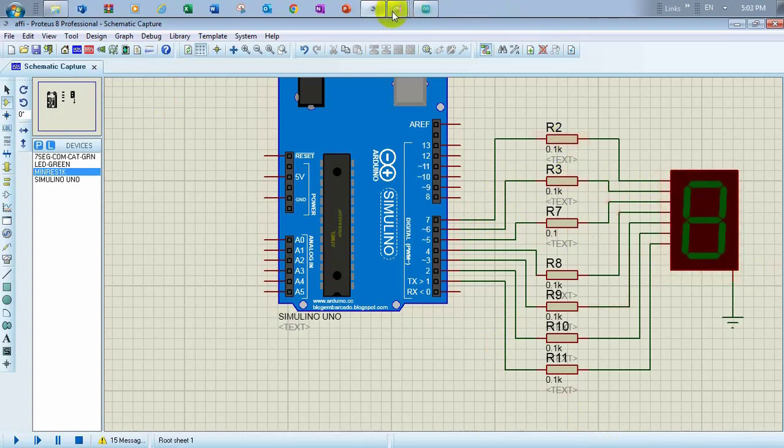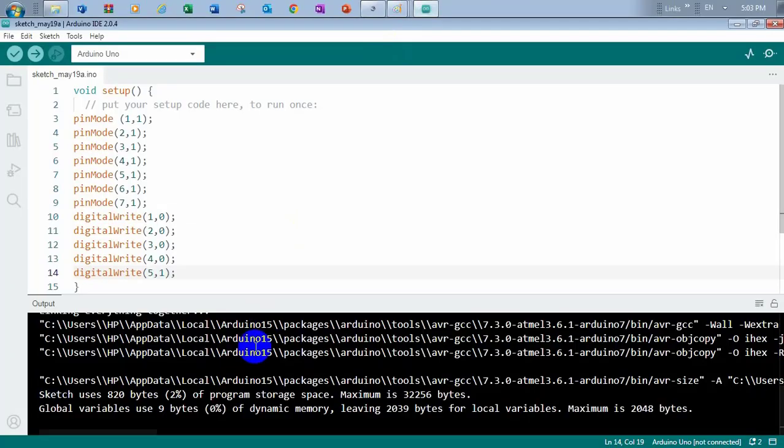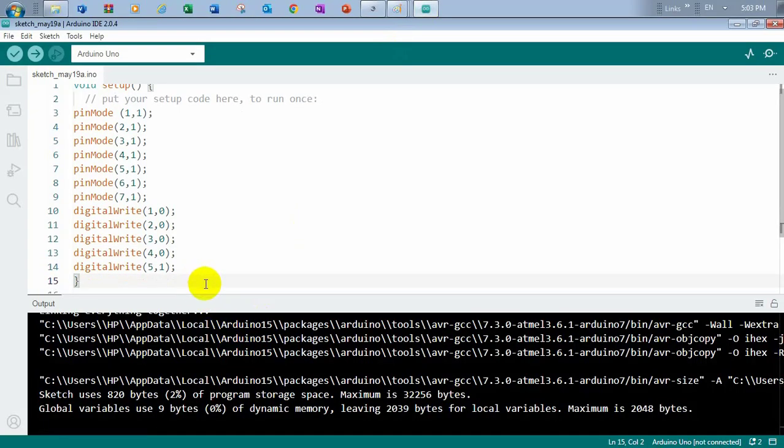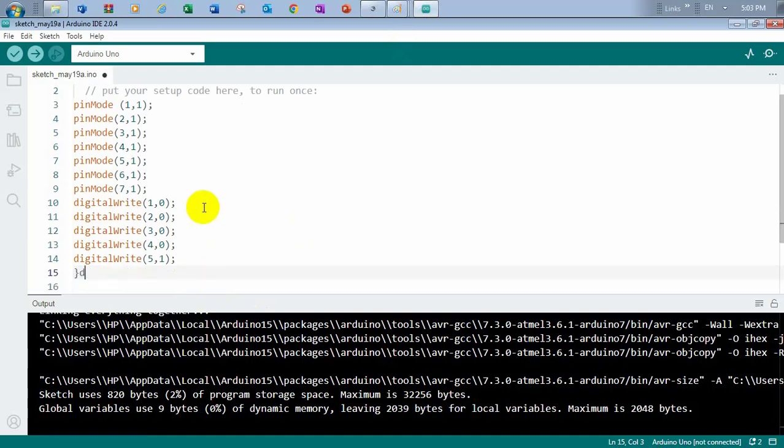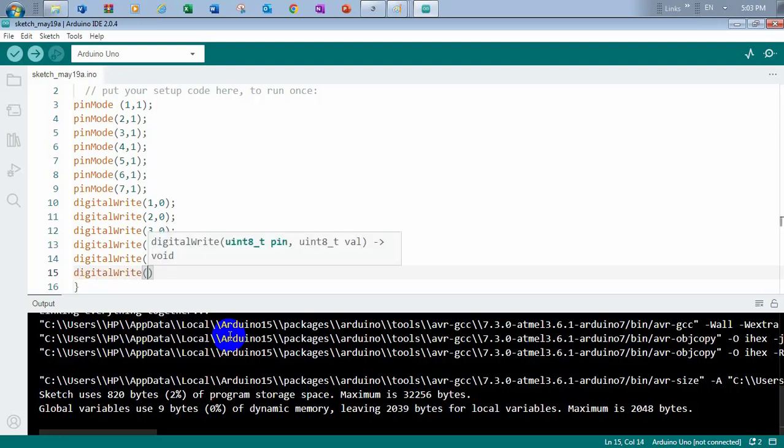First we write digital write, open parenthesis, and write 6, unit pin number 6, comma 1. It's high. So compiling.